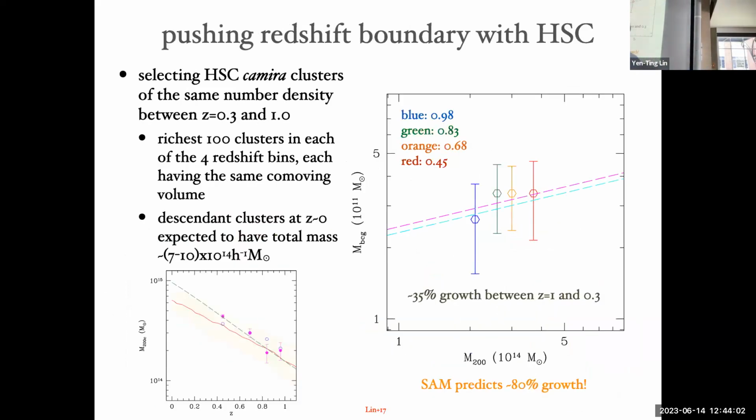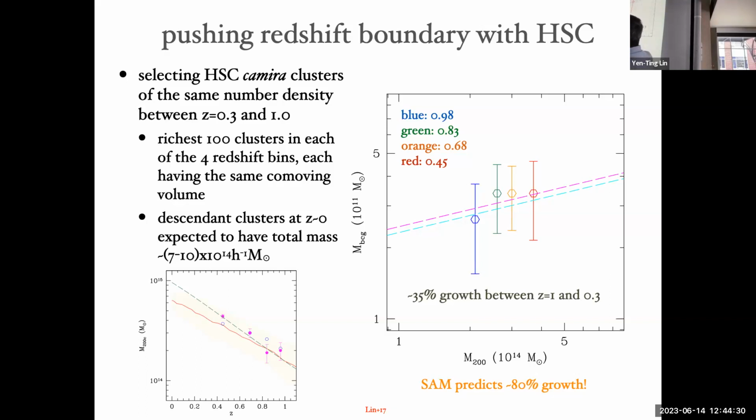Then we have the HSC data, so we can extend the study to redshift 1. So between redshift 0.3 and 1, we have 4 redshift bins, each occupying the same comoving volume. And then in each of the bins, we select the richest 100 clusters and study the properties of the BCGs.